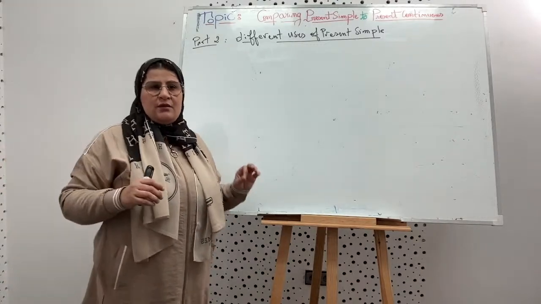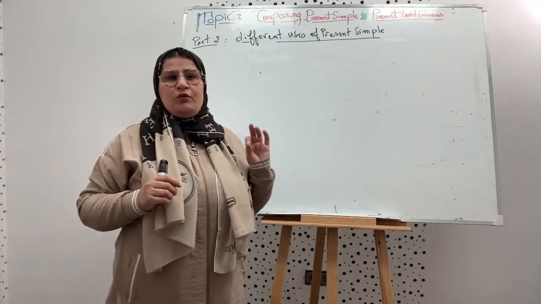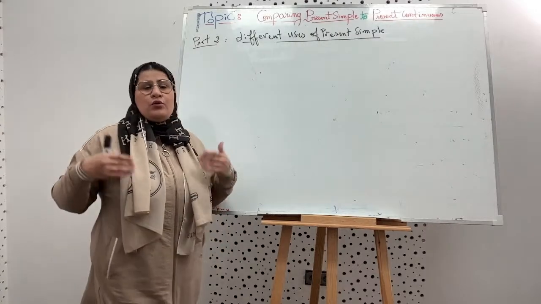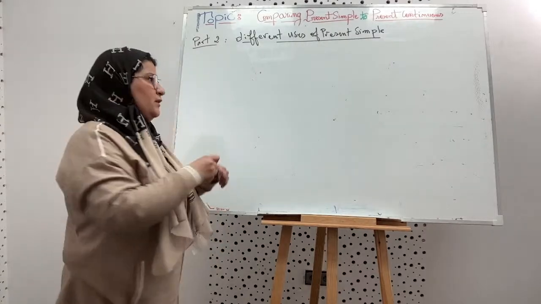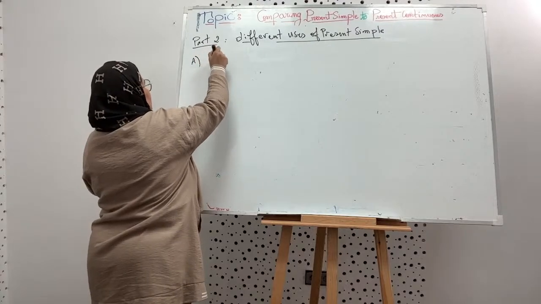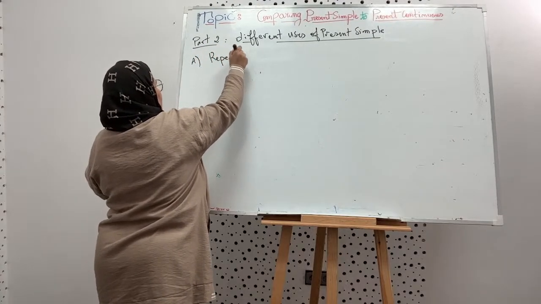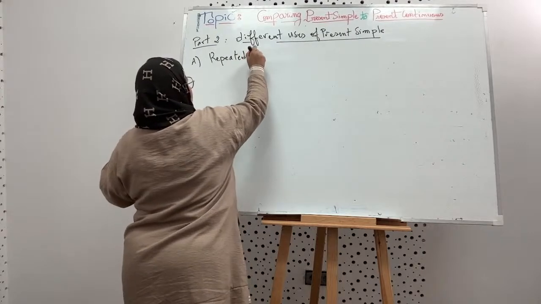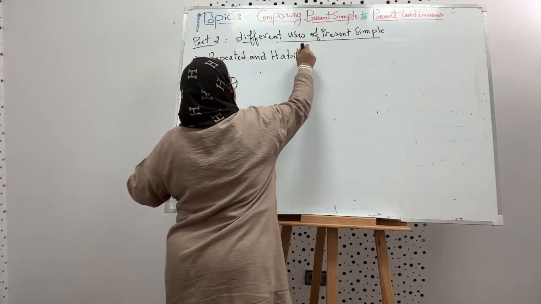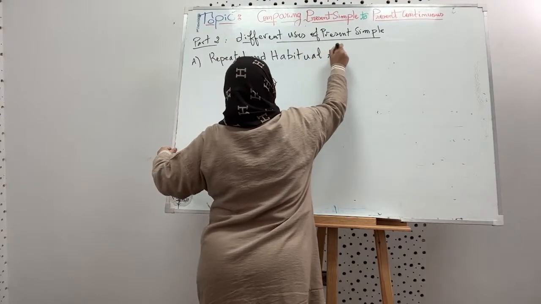One of the basic and most important uses of the present simple is when we talk about our repeated and habitual activities or actions. So repeated and habitual activities or actions.